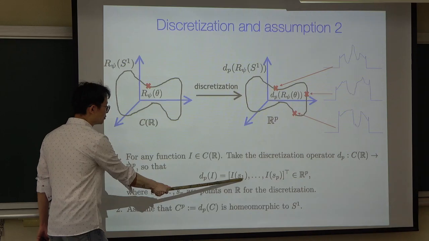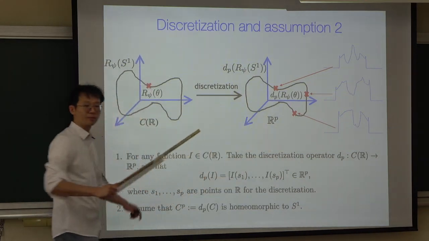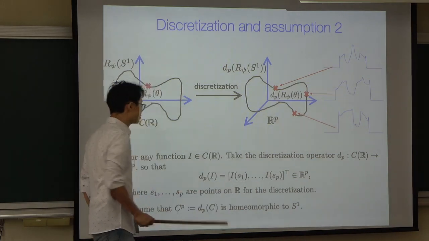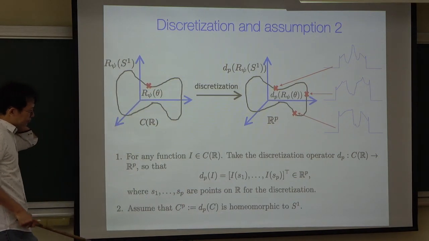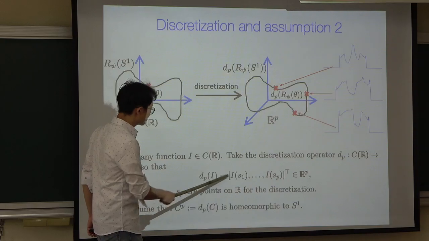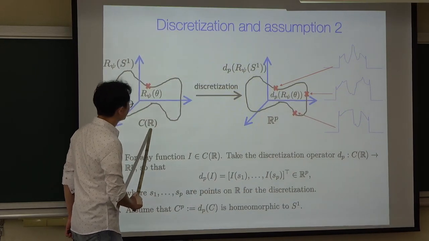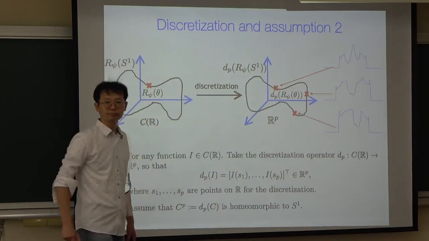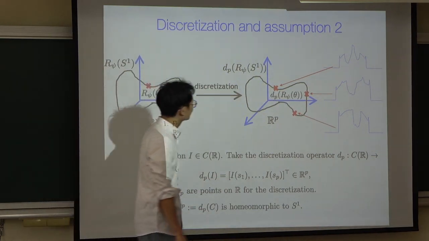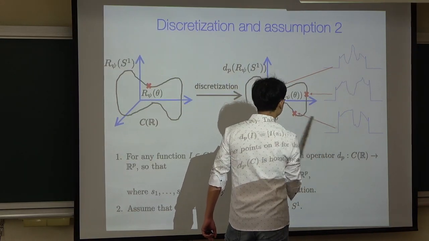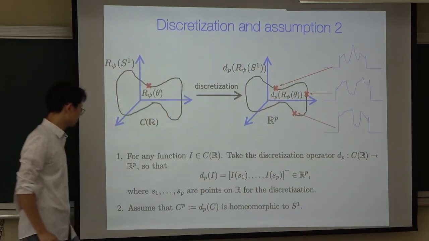That is, you just sample p distinct points, and usually they are uniform points. And you denote the discretized point in Rp, so that you map from C(R) to Rp. And that is how the signal looks at different locations, different points, and so on.